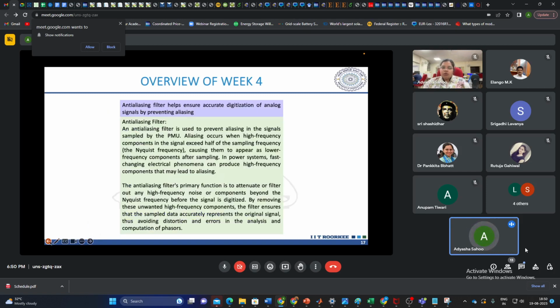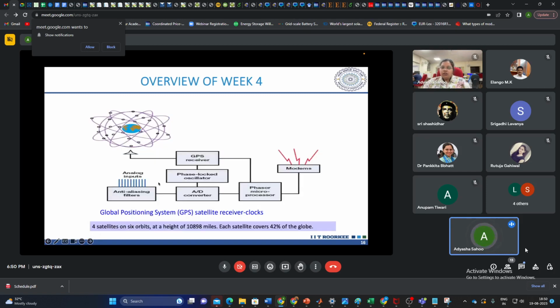The two important components you can see here are the anti-aliasing filters and the phase lock oscillator. Because previously, this... Ma'am, what do you mean by modem? These modems. Yeah, ma'am. Basically, when we get the data here, it will transmit the data. These are part of the communication system.